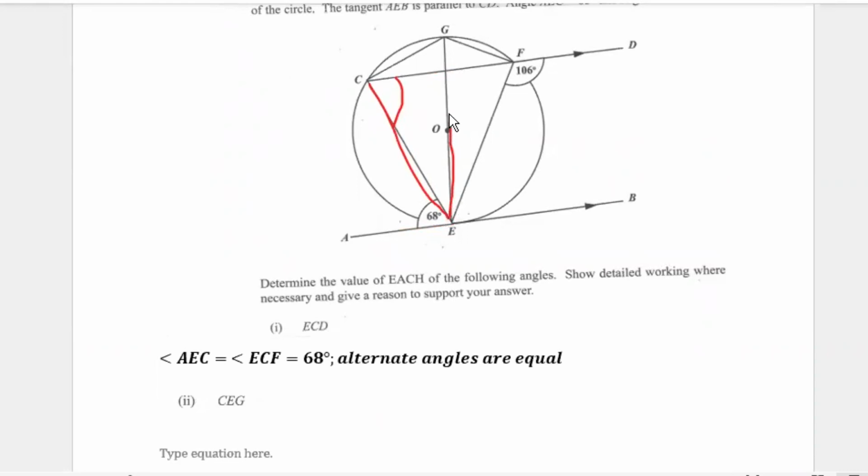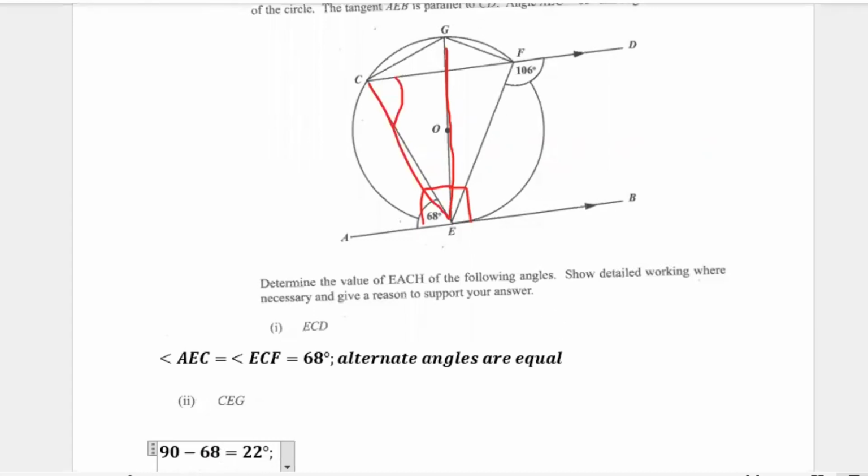And we have 22 degrees. Very good, Tony. So the detailed working is 90 degrees minus 68 degrees is equal to 22 degrees.